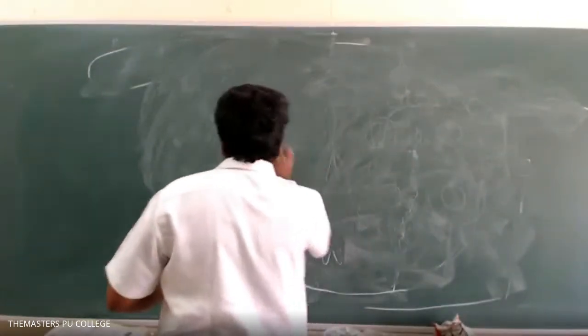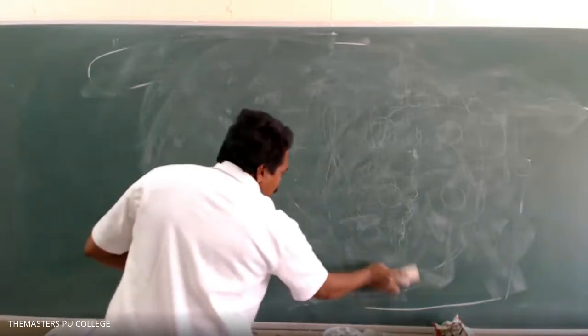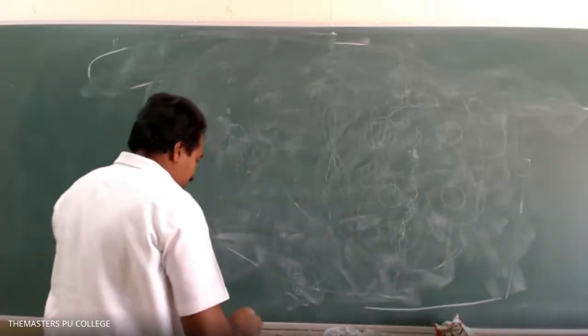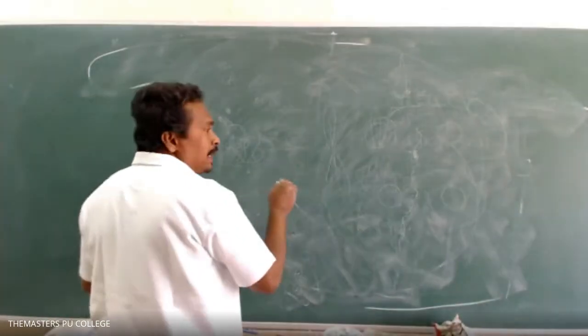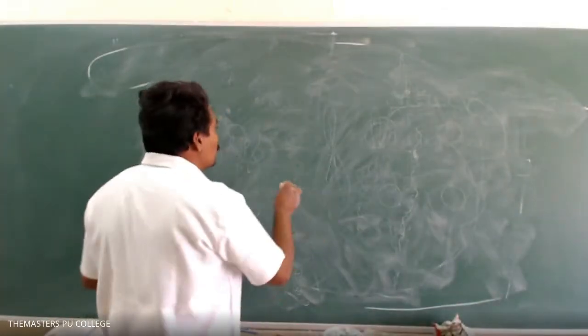Right, each chromosome is having a primary constriction, the centromere.